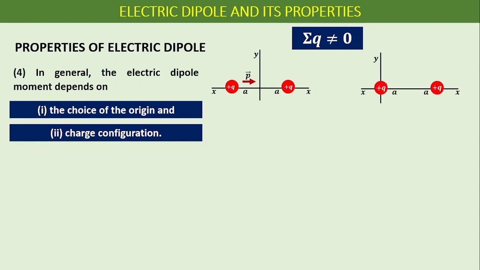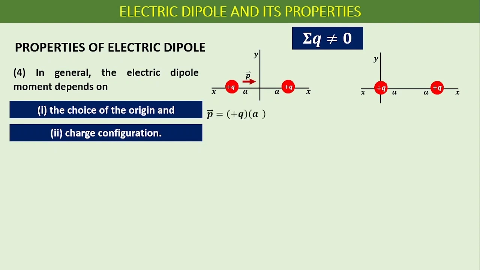Let us go for the same system. Now the choice of origin is different. The origin is at the left side, at the left charge. Right? In these two cases, the choices of origin are different. Let us now check the dipole moment for each case.